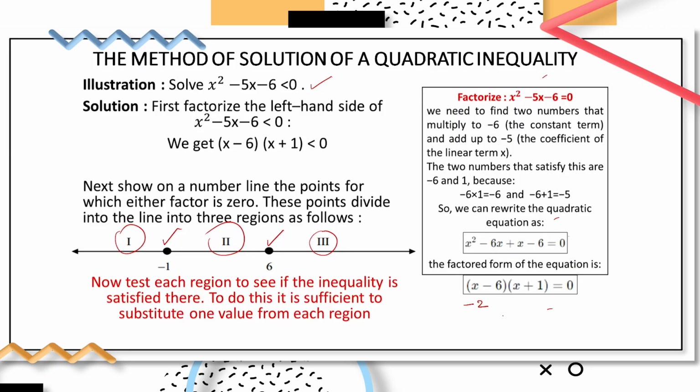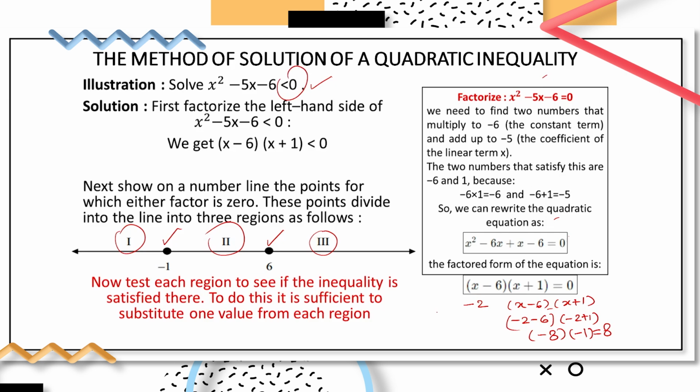Now substituting the value minus 2 in your factorized equation, that is x minus 6 into x plus 1, you will find that minus 2 minus 6 and minus 2 plus 1. So that is minus 8 into minus 1, that turns out to be 8, which is not less than 0.